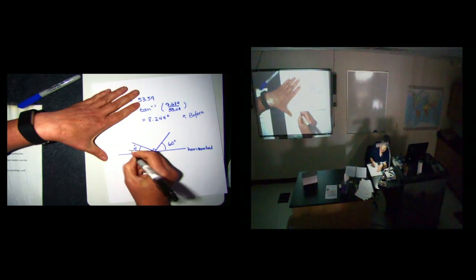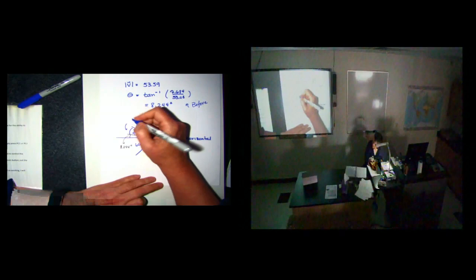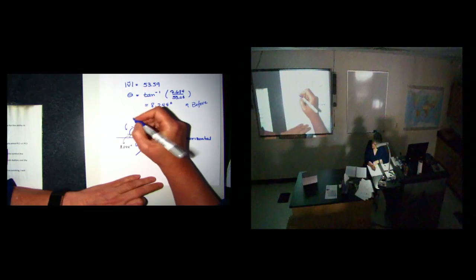And because y is in the negative direction, I get my 53.9. I wonder if I wrote something down wrong. I wonder if that should be cosine. I think I just wrote something in my notes wrong. This may be cosine. The number's correct, but I may have written it down wrong.